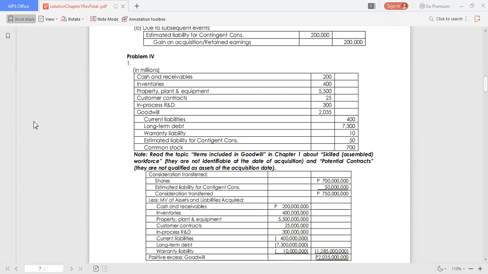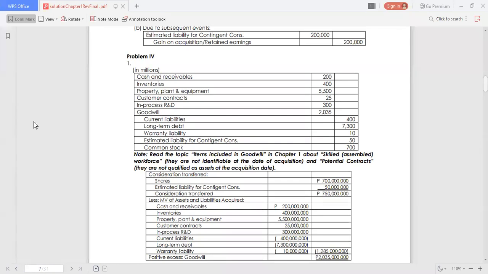Then we record the current liabilities of Sandy of 400 million. The long-term debt is initially 7.2 million. However, it is stated that the recorded expected future warranty liability is still 10,000.